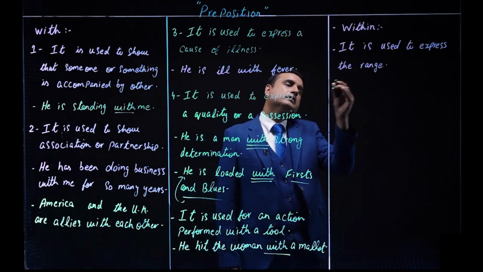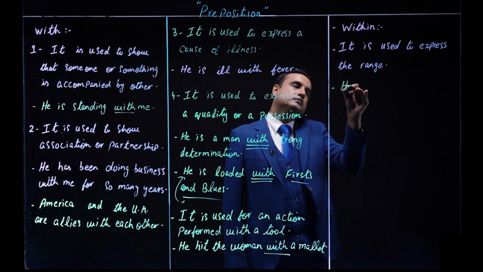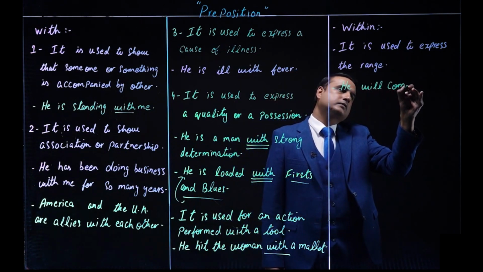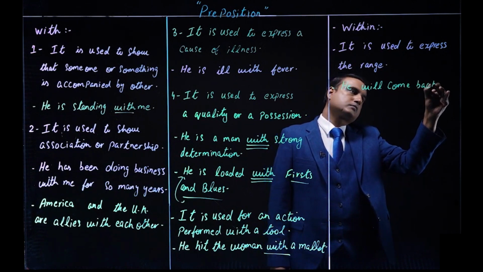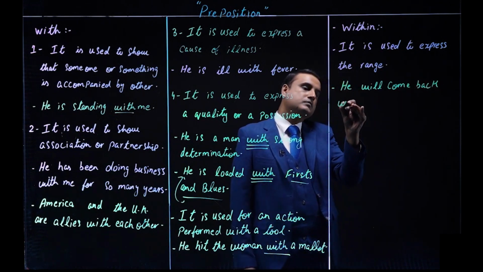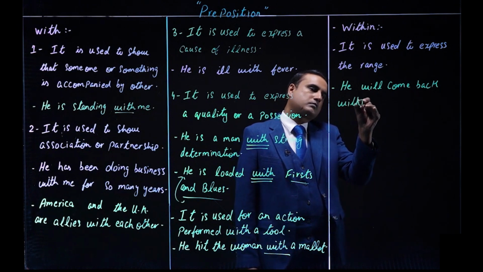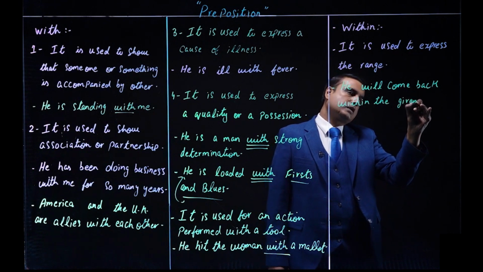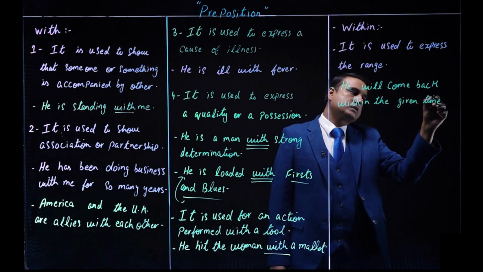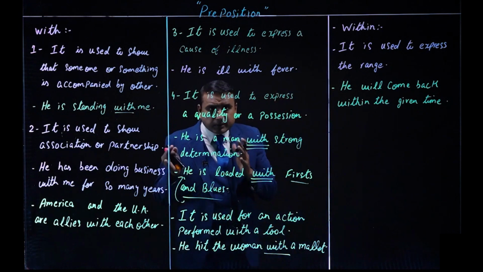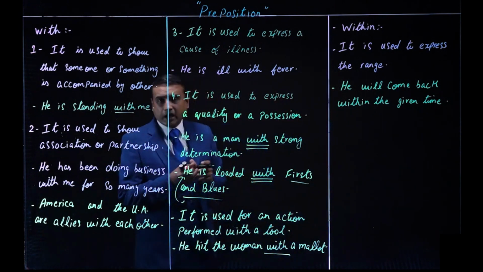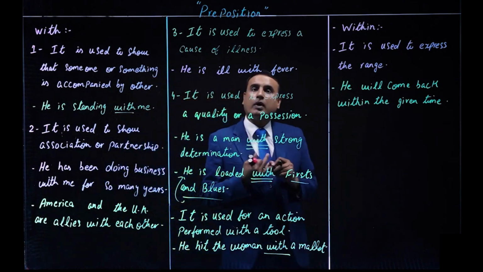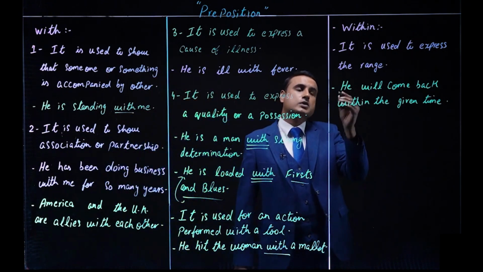For example, he will come back within the given time. कि वो उस टाइम के अंदर अंदर, जो अलॉटेड टाइम है, गिवन टाइम है, उस रेंज के अंदर अंदर वापस आ जाएगा. So here we can use within.